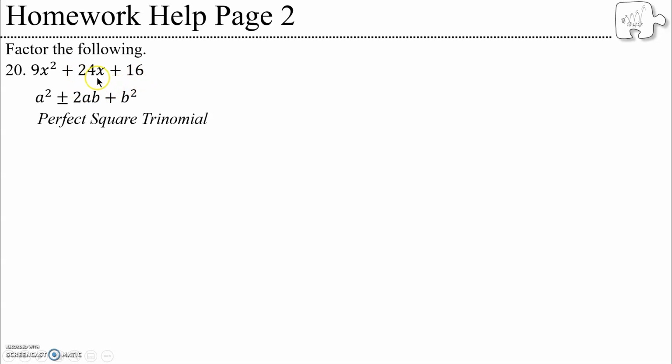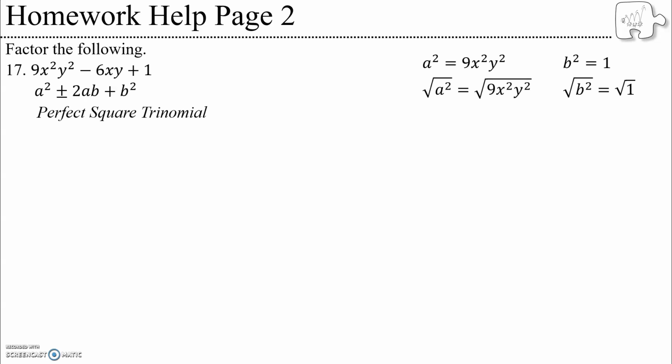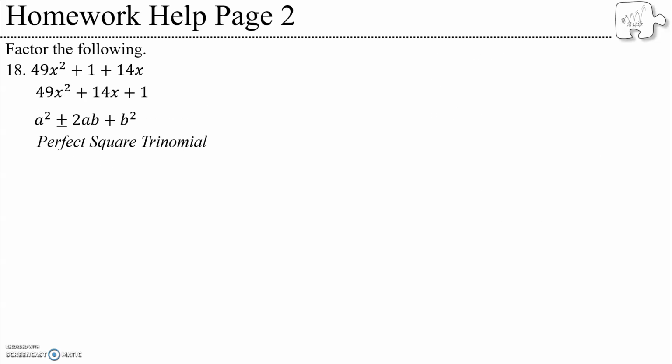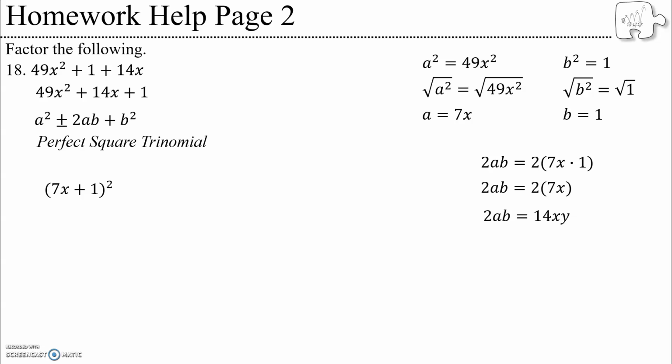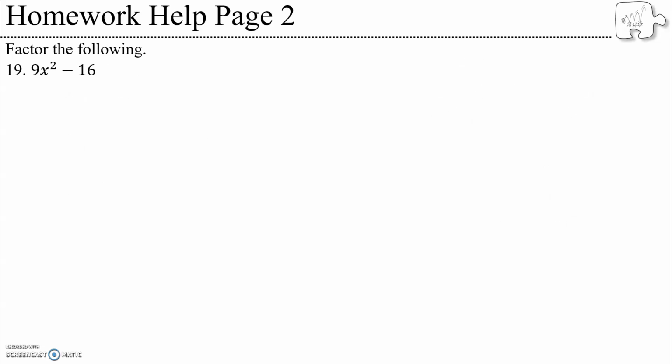So then we just have to check this middle term. Our a squared and our b squared are exactly the same as before, 9x squared and 16. When we take the square root, we get 3x and 4.